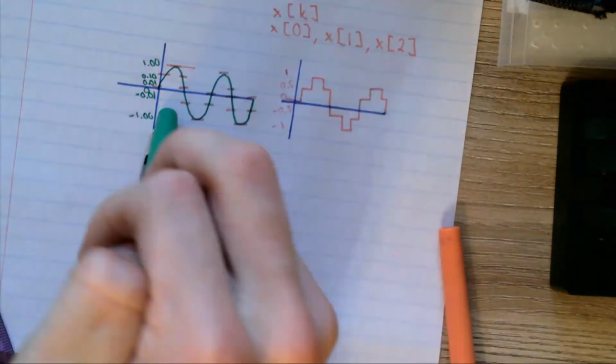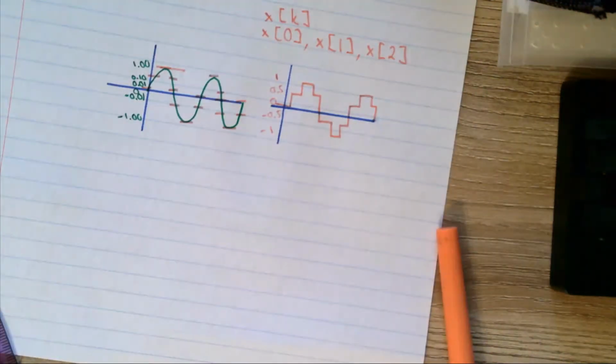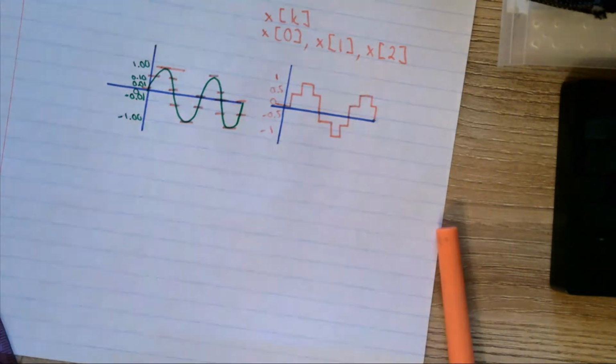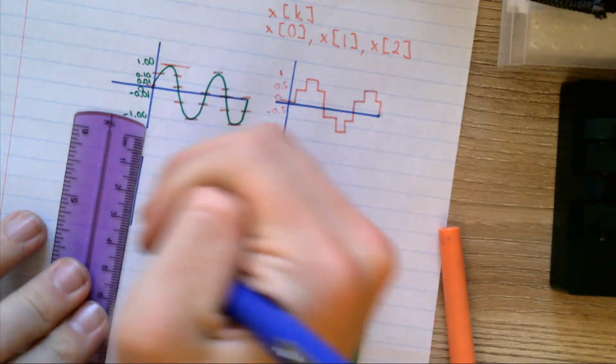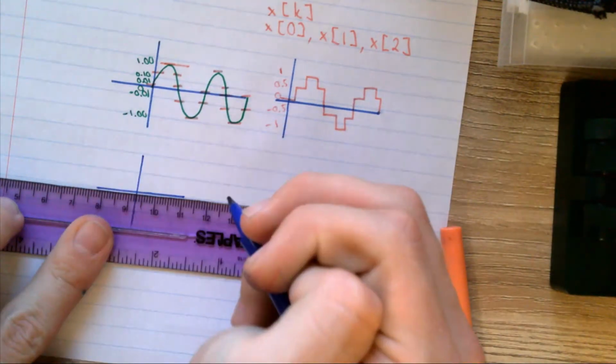A signal is piecewise continuous if it has discontinuities, meaning the signal values jump at isolated moments in time.